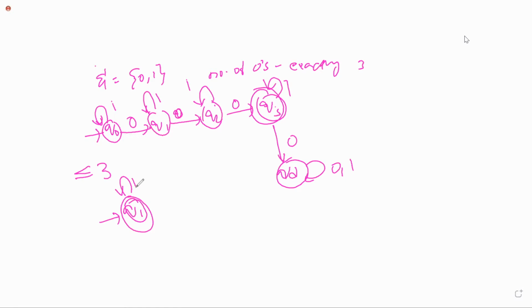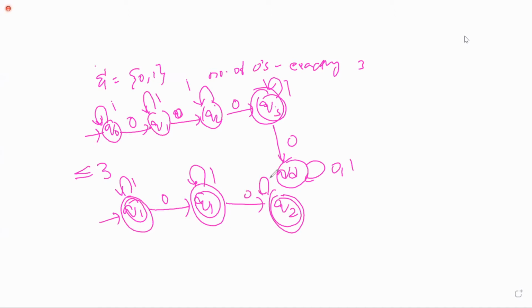Are you following this step? In this diagram, how many zeros are there? 0. Is it less than or equal to 3 or not? Yes, ma'am. Okay. Next, on 0, it is going to Q1. It is having 1 zero. It is accepting. That's why I have marked this as a final state.